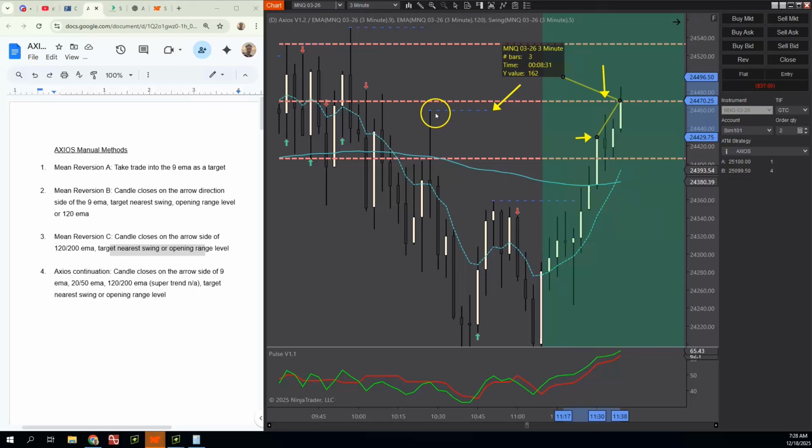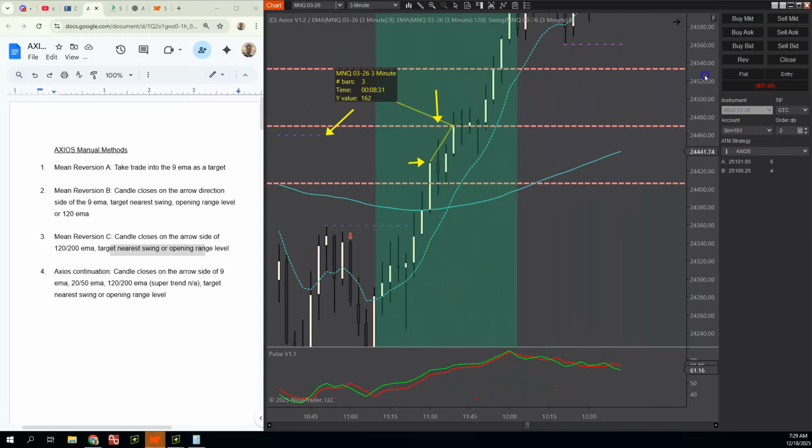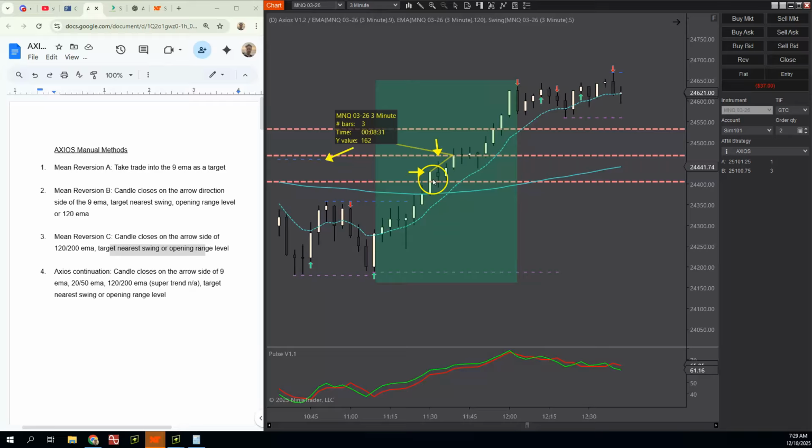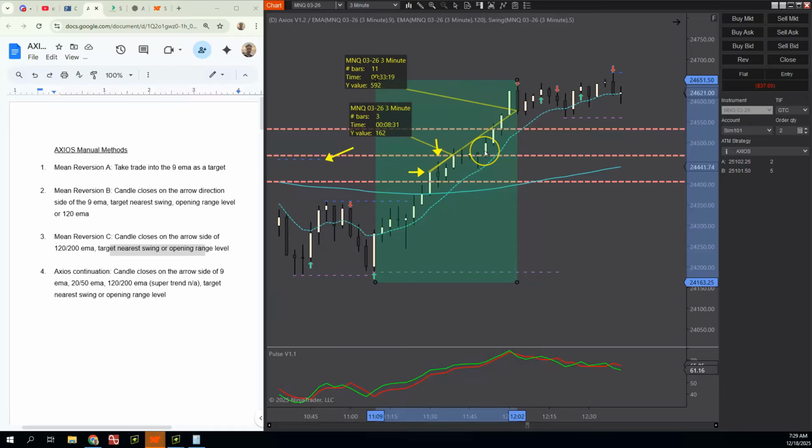Or if you want to be more conservative, you could use this swing high here. You could have done that. Yeah. If you had two contracts on it, you could have let one go all the way until your red arrow and gotten 600 ticks out of the one contract and 150 or so out of the first position.